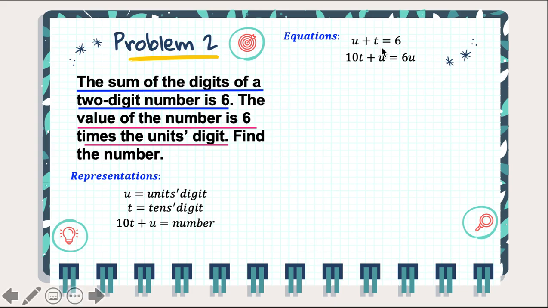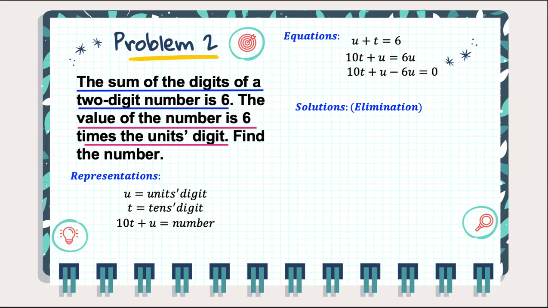And as you can see, our second equation is not yet simplified, or it is not yet in standard form. To better solve this using the elimination method, we should first write our second equation in standard form. Again, the standard form is ax plus by is equal to c, where here we'll be using t and u.